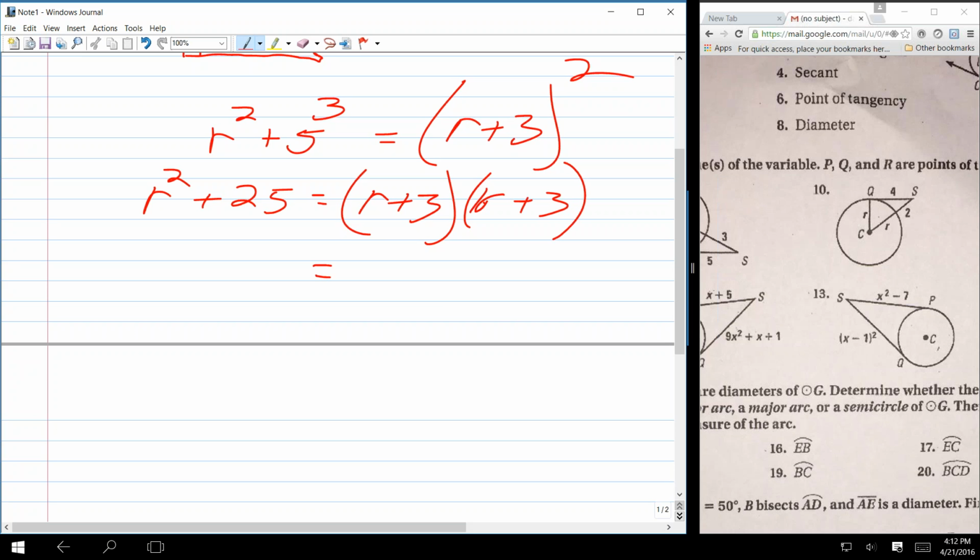What do you get? Oh, you get r squared plus r plus 6 plus 9. R squared plus 6r plus 9. And it's another thing that you're going to have to do 100 times. So learn this, that a plus b squared is not a squared plus b squared.